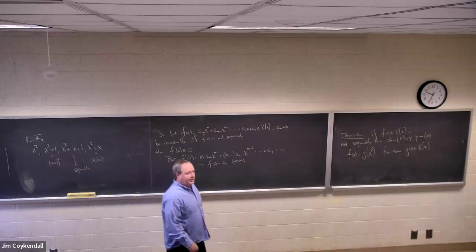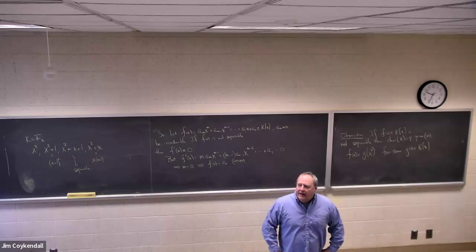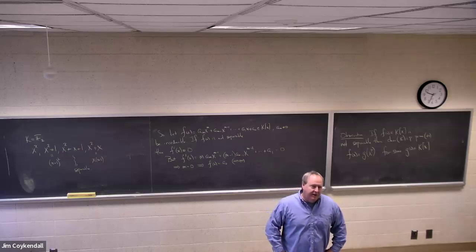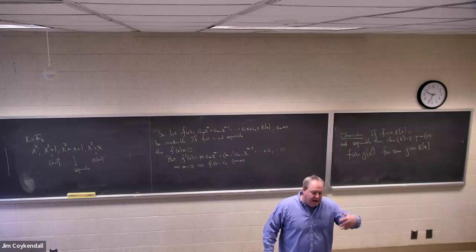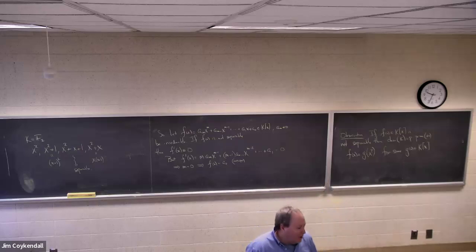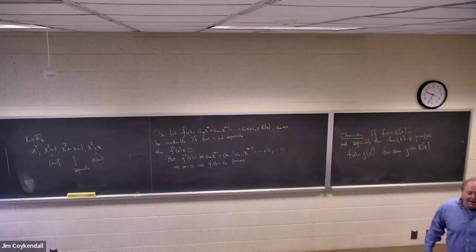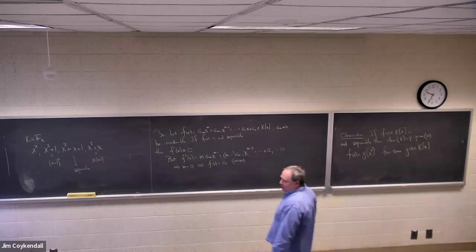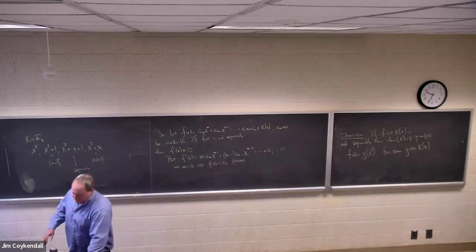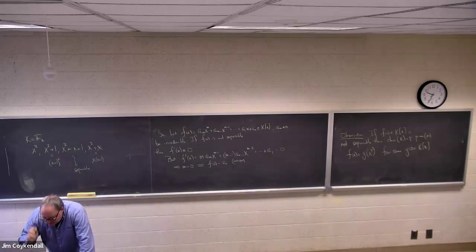Actually, it's kind of interesting, we'll see this later: any algebraic extension in characteristic 0 is automatically separable, and any finite extension of a finite field is also separable. So where are you going to find these interesting algebraic extensions? It has to be an infinite field of positive characteristic.